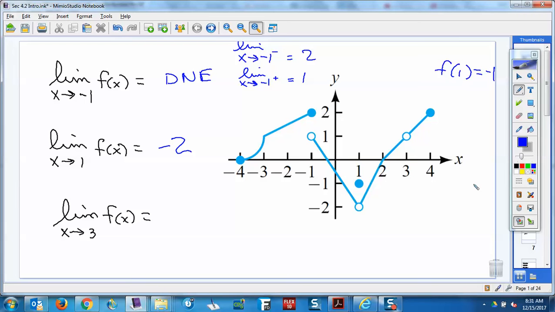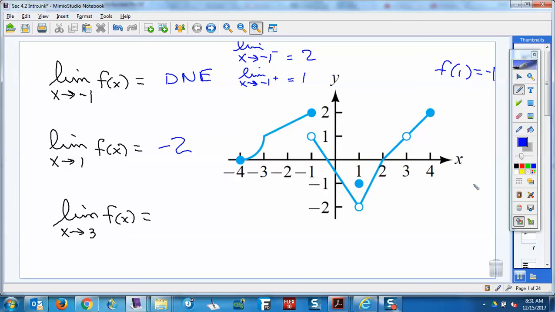So if you were thinking does not exist, what you might be confusing that with is discontinuous. The function is not continuous at 1, right? Remember, we had 3 things had to happen for a function to be continuous. The limit had to exist. So right here, this function is not continuous here. There's a break, because the limit doesn't exist.